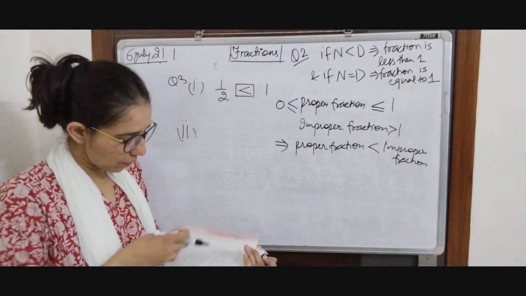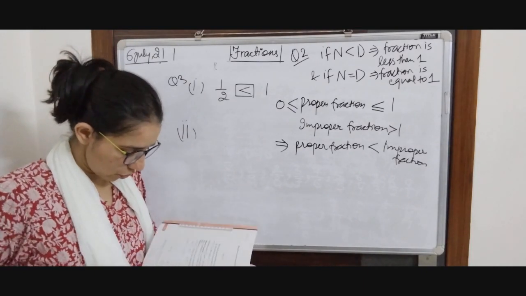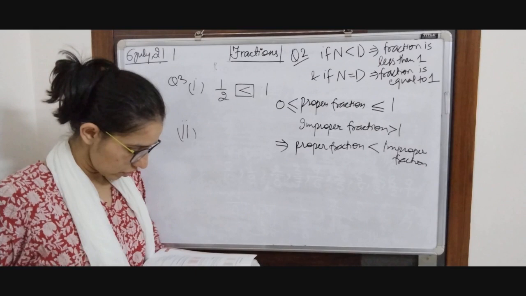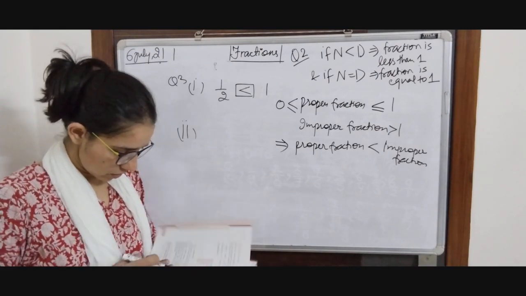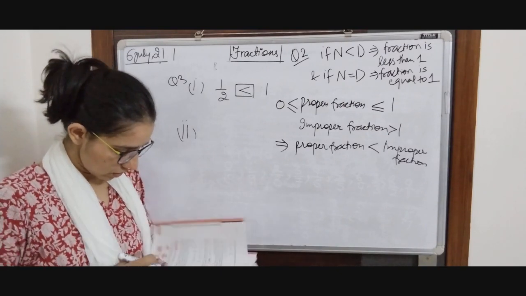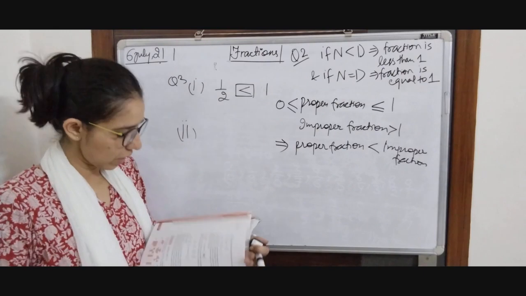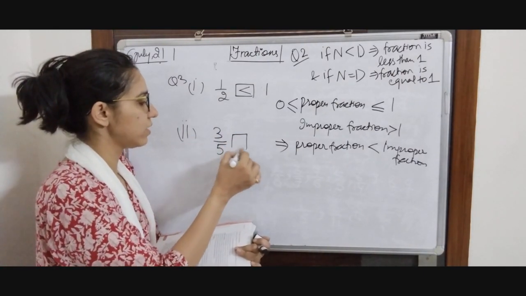There is a method of comparison of fractions, but we are not doing it in 7.2. We will do it in, I guess, 7.4. So we are going to do it simply: 3 by 4, 3 by 5 and 1.